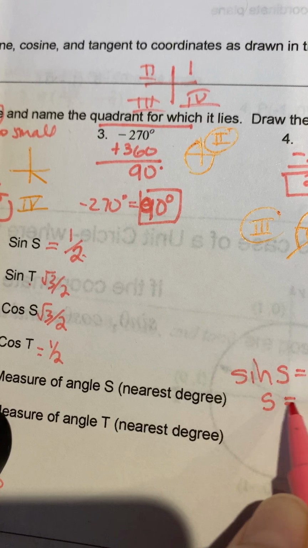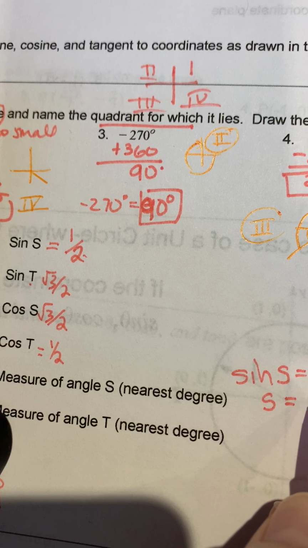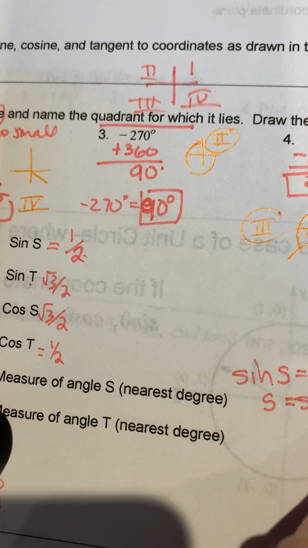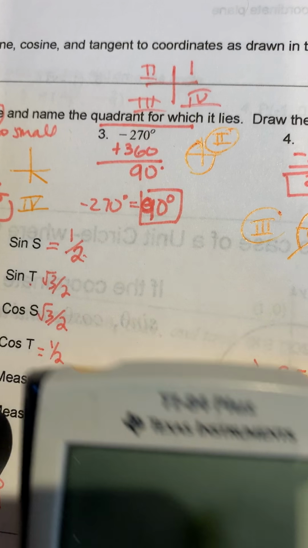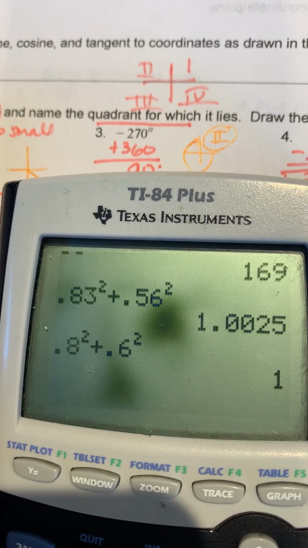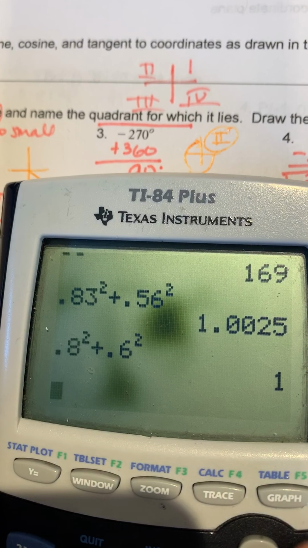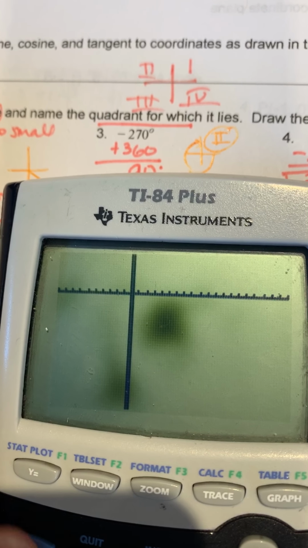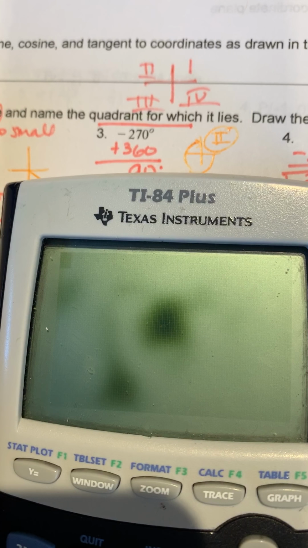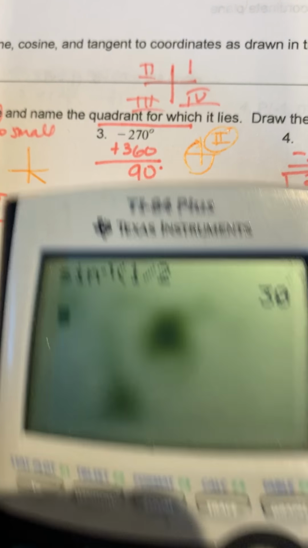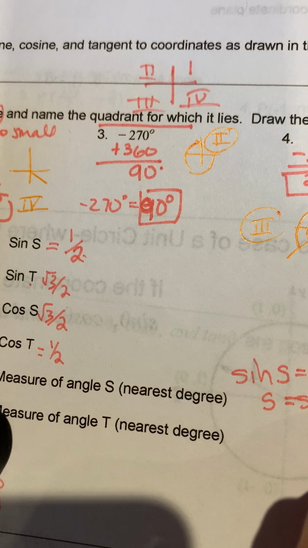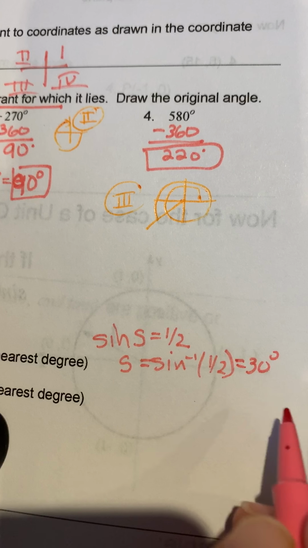So angle S is the sine inverse of 1/2, which, if you remember how to put that in your calculator, you would just go second, sine, 1 divided by 2, and that is 30 degrees. Okay, so that's 30 degrees.